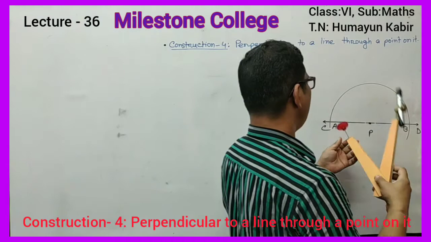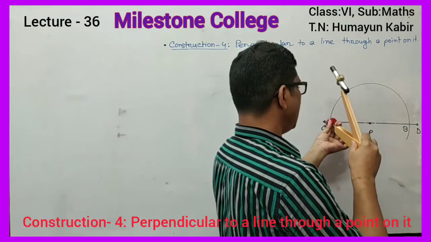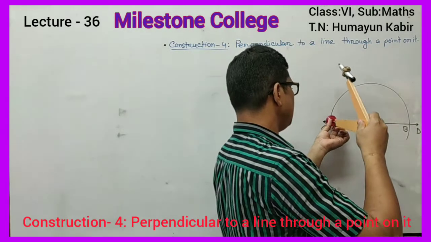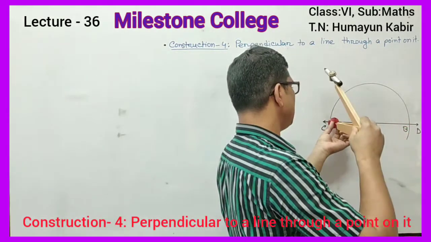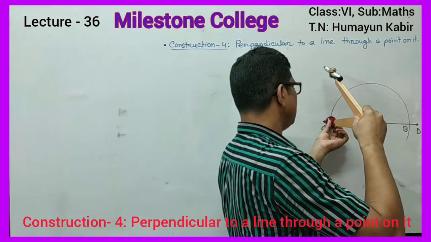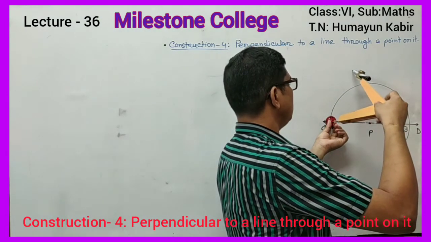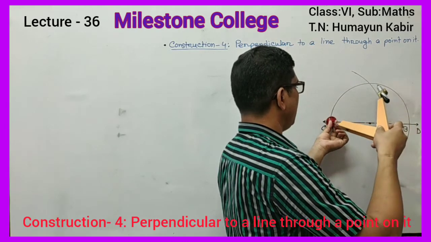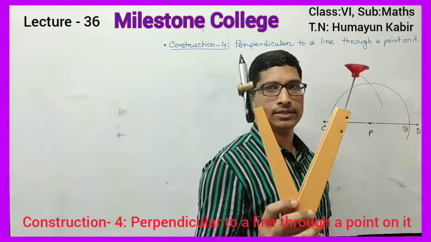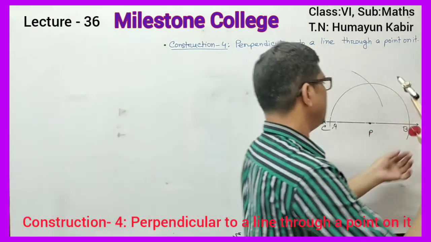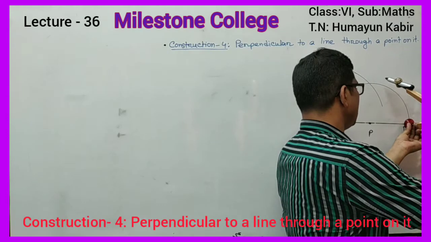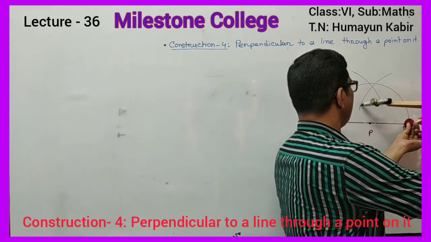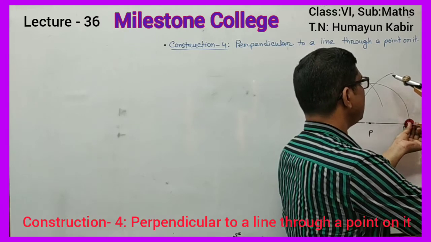Now with A as a center, that means this pointer you set on point A, with A as a center, you will draw one arc. Okay, and taking the same radius with B as a center, you will draw another arc at the same side of AB.